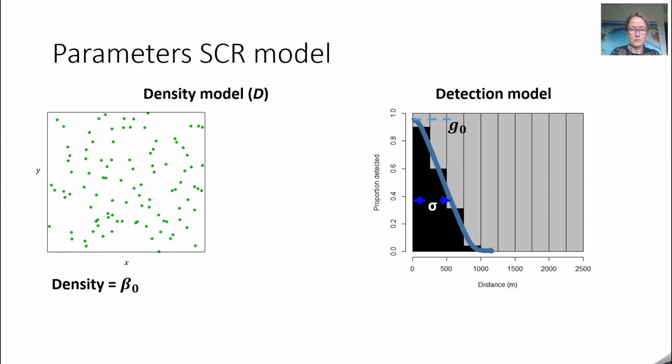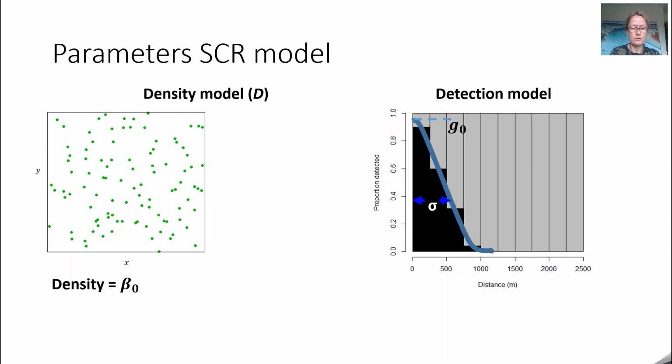Now to the detection model. Here we model the probability of detecting animals at a detector given their distance to the animal. We have already learned that the simplest detection model has two parameters, which are sigma and g0. g0 can roughly be described as the probability of detecting the animal if it is at the location of the detector or right next to it, and sigma is the parameter defining how quickly the detection probabilities drop off with increasing distance from the detector.